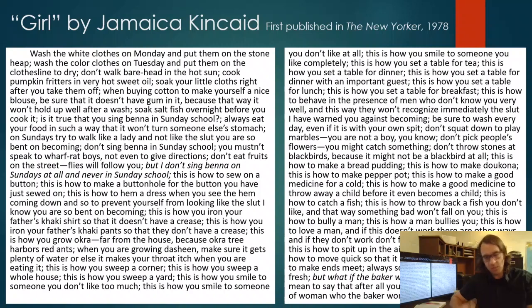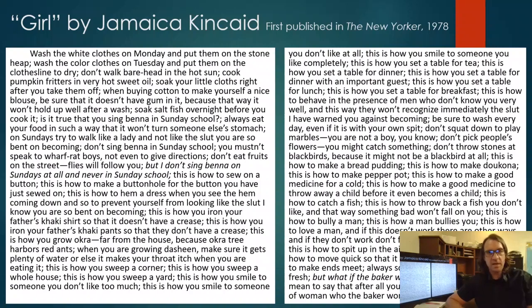Given those details, the word choice, the imagery, the selection of the food, right? The wharf rat, the saltfish. We know that it's going to be somewhere near the ocean, likely an island. A lot of people say Jamaica because of the author's name, but I don't know that we can go quite that far, but it is most likely a Caribbean island. There's a lot of influence of colonialism that we see here.